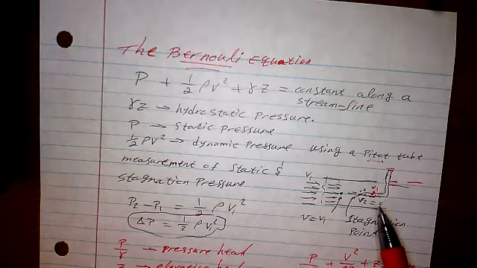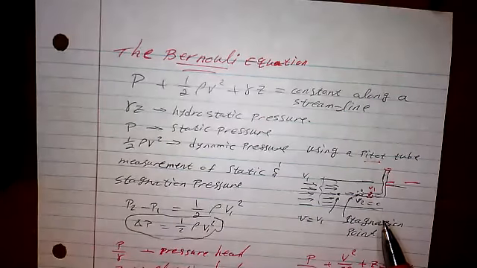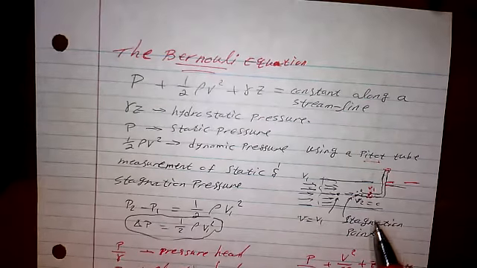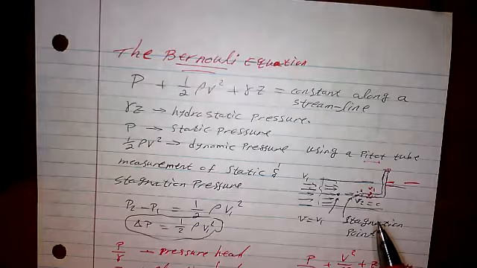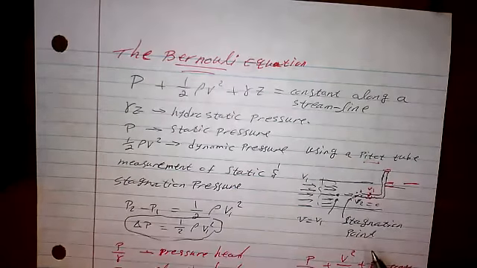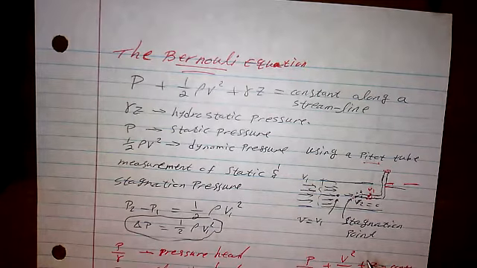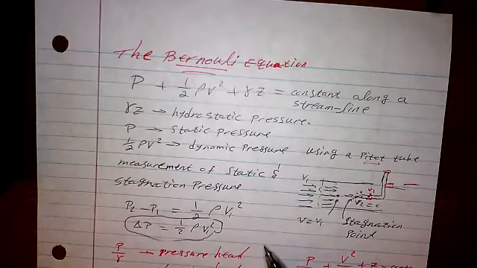The change in pressure, meaning the difference between the stagnation and the static pressure, gives us the dynamic head. The dynamic head is 1/2 rho V squared, velocity squared. So the vane anemometer gives you the direct velocity, so you can find the difference of the 2 pressures. But if you use the pitot tube, we can use the delta P information from the U-tube manometer, and we solve for velocity.